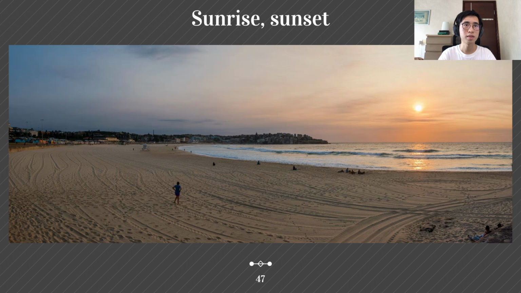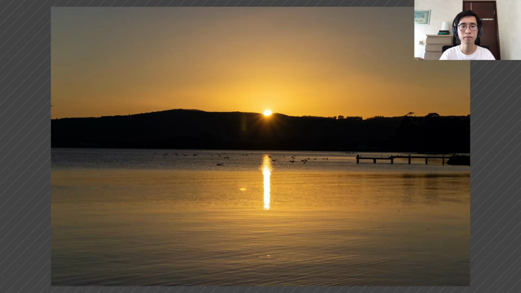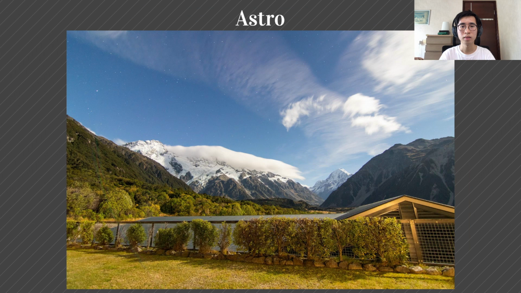Of course, sunrise and sunset is the best timing for landscape photography, just like this one. And in the evening, maybe astrophotography would be something that you can think of. You can capture the sceneries as well as the stars in the skies.